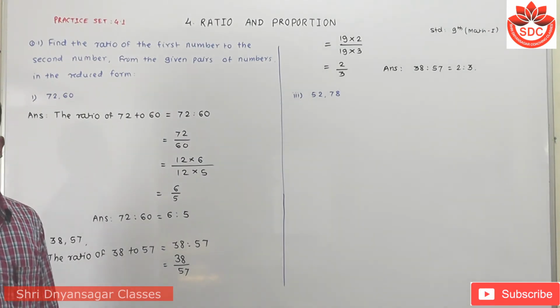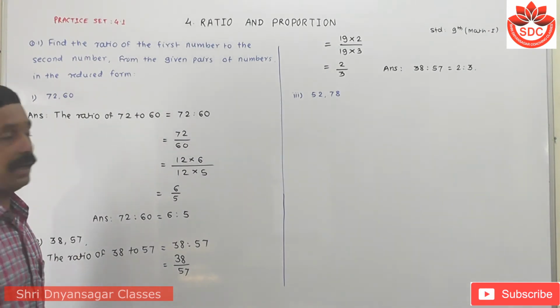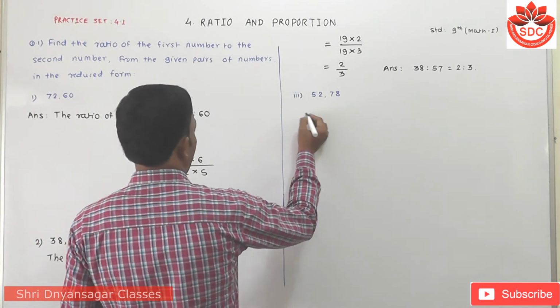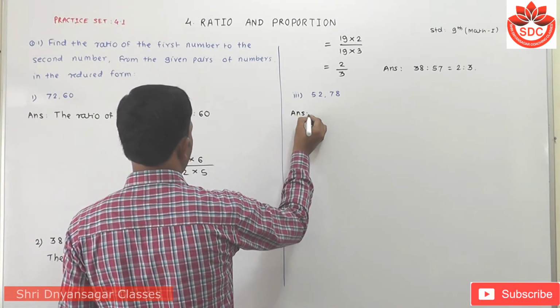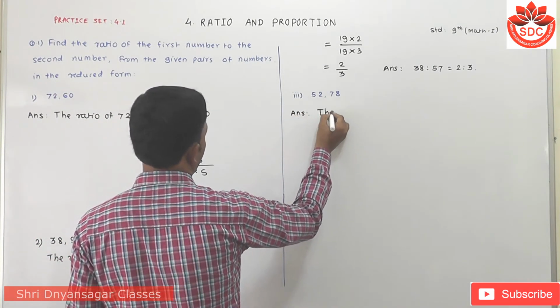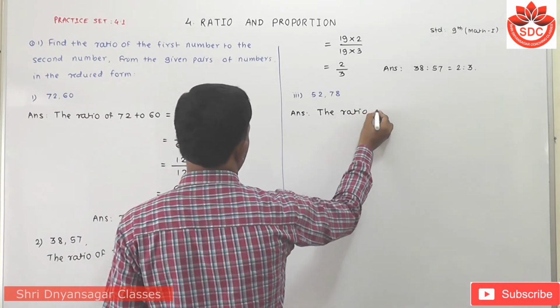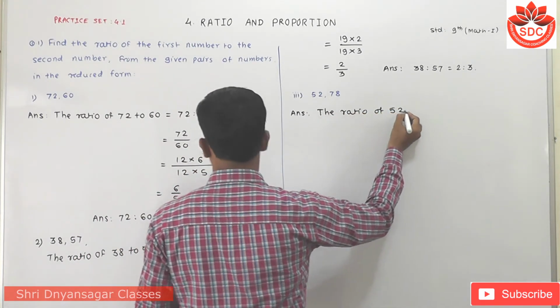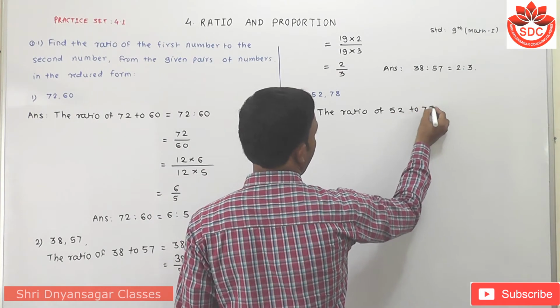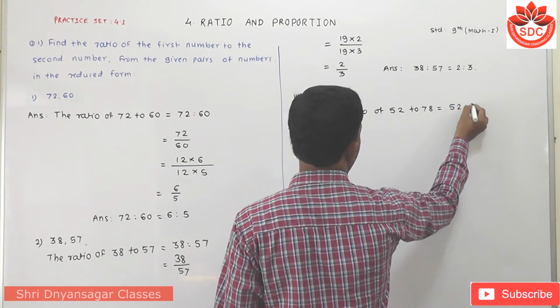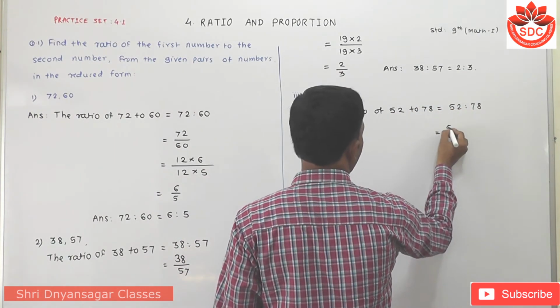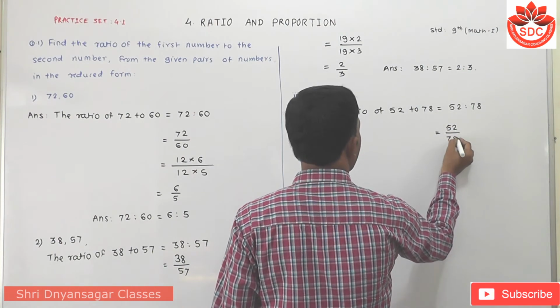Then the third one is 52 as to 78. Then we write its answer here. Answer: the ratio of 52 to 78 is equal to 52 as to 78, meaning 52 upon 78.